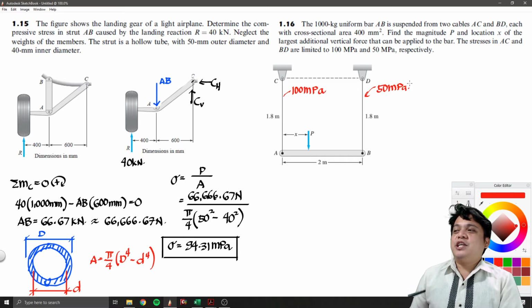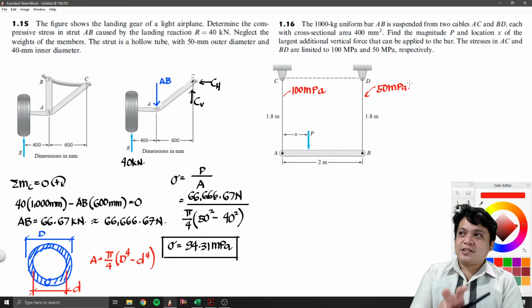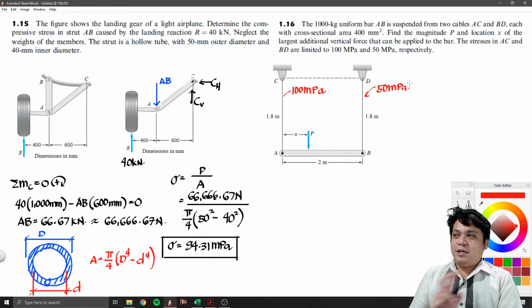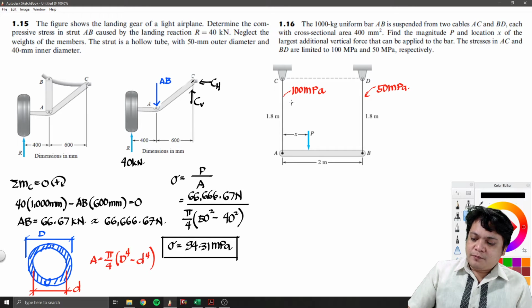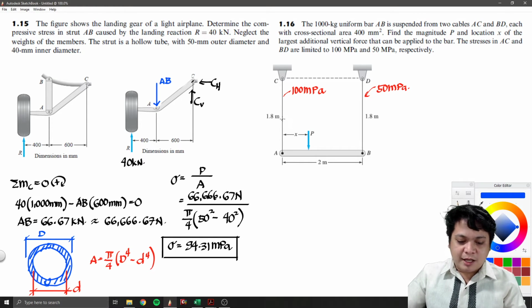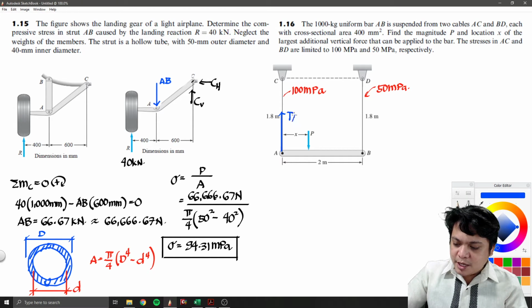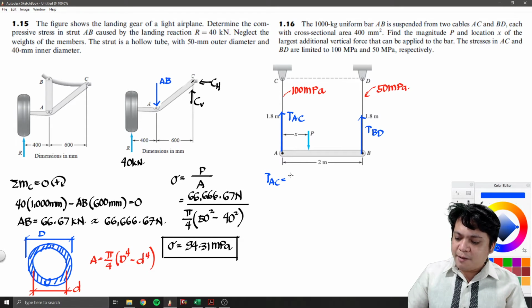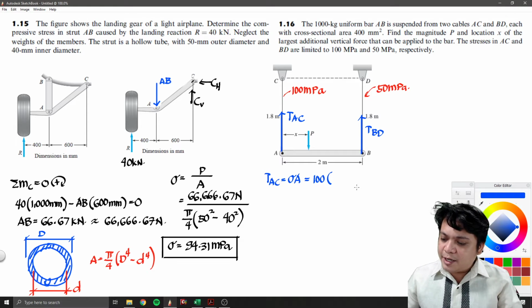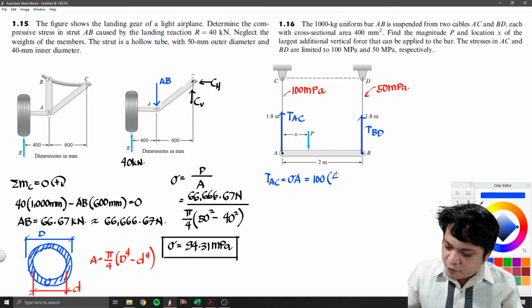So we can maximize both. If you notice, there are two unknowns, P and X, which means there are also two equations we can use: the stress on member AC and the stress on member BD. Let's call the tension at AC as TAC and this one as TBD. TAC is equal to the stress multiplied by the area, 100 megapascal, and the area is the same for both, 400.